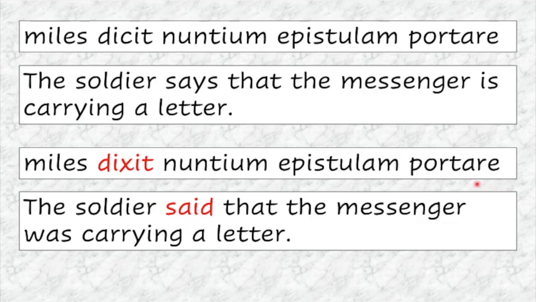However, I haven't changed the tense of the infinitive. The infinitive is still a present infinitive. And when I translate this sentence, I translate it as the soldier said that the messenger was carrying a letter. So I've translated portare with was carrying, whilst here I've translated portare with is carrying.